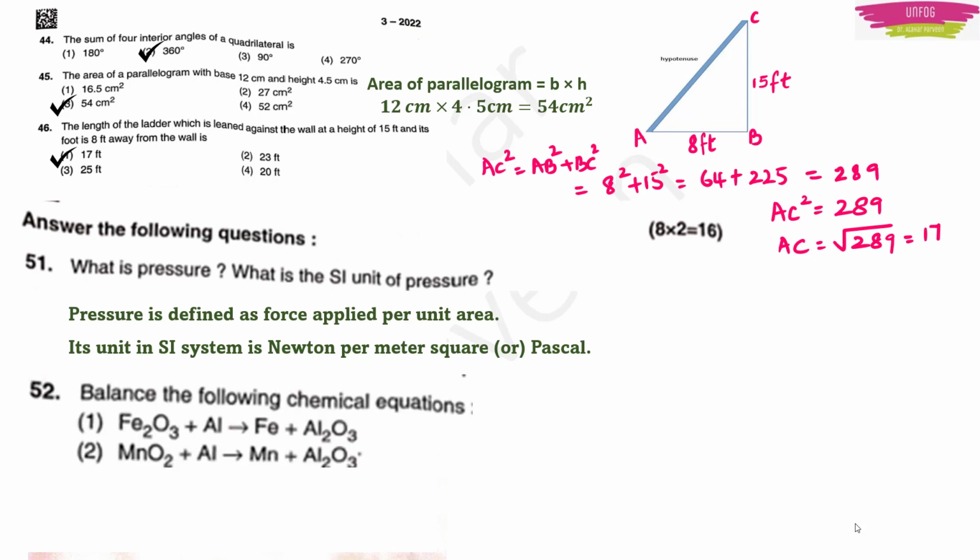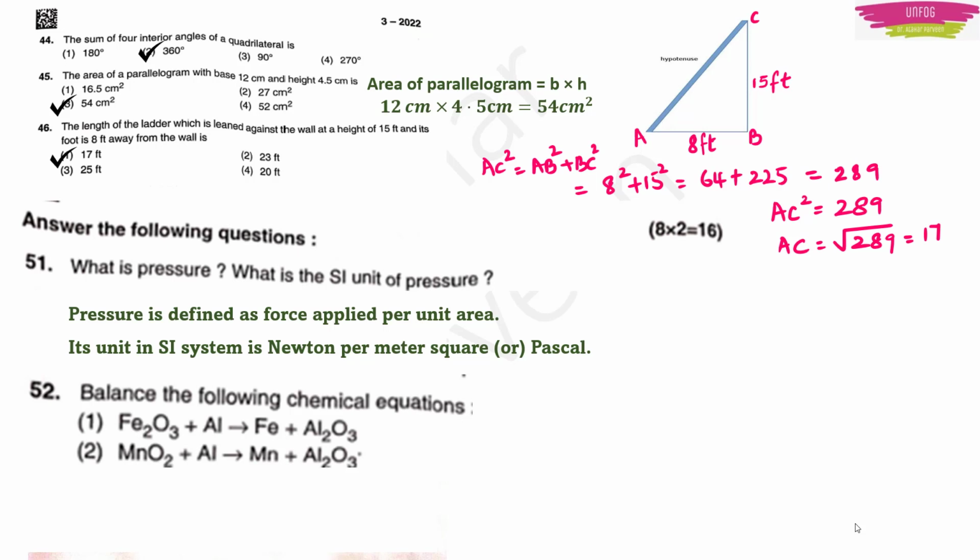Okay. Next question. Balance the following chemical equations. They have given simple chemical equations. They are not a very complex set of chemical equations. This type of chemical equations you can easily balance. I always prefer starting to balance the chemical equations from oxygen, if oxygen is there. Here actually Fe2O3 plus Al, aluminum, they are combining, and the product is Fe iron plus Al2O3.